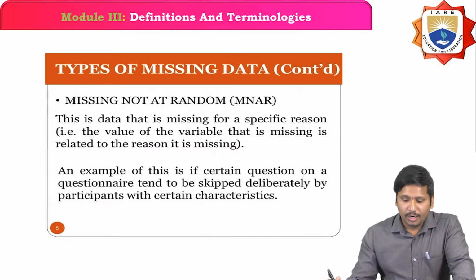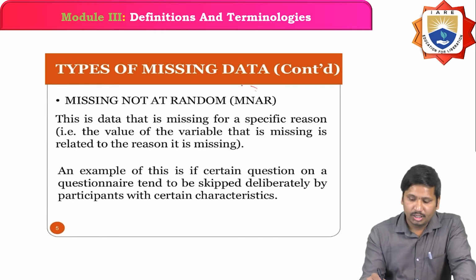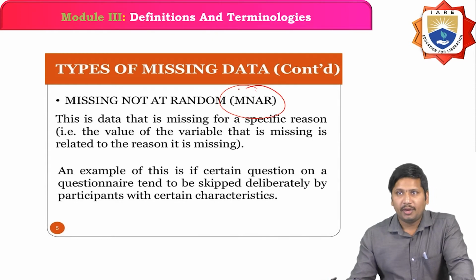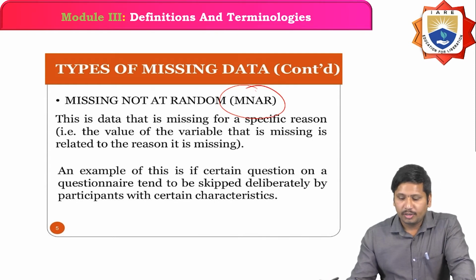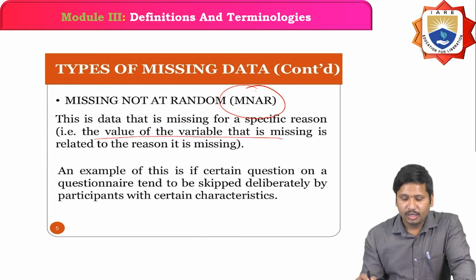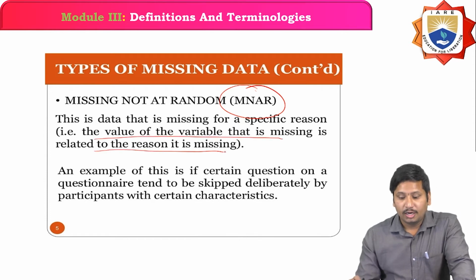And missing not at random is the other type of missing data, which we call MNAR. MNAR means missing not at random. This type of missing data can occur for a specific reason: the value of the variable that is missing is related to the reason it is missing.